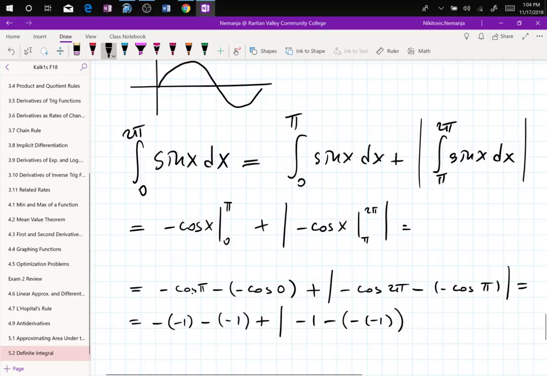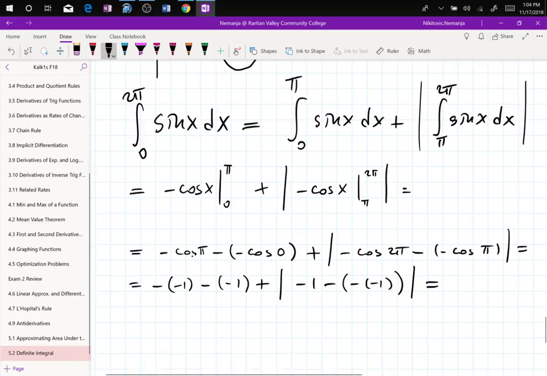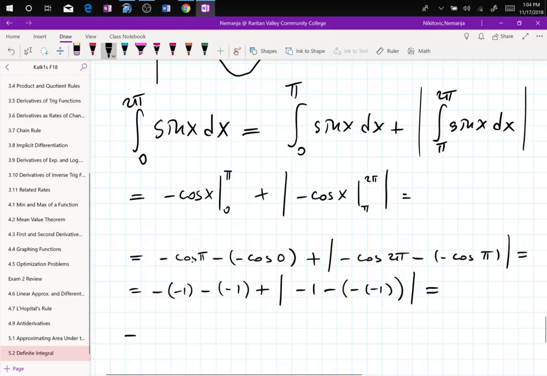It's like 5,000 negative signs over here. So that's 1 plus 1 plus absolute value. Don't make the absolute value look like a 1. Minus 1. And then you have 3 negative signs, so minus 1. So this is 2 plus absolute value of negative 2. And then the total is 2 plus 2 is 4.